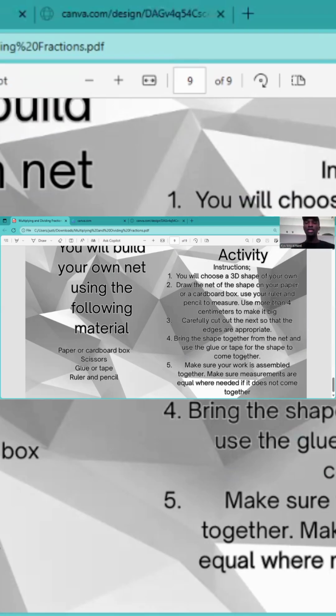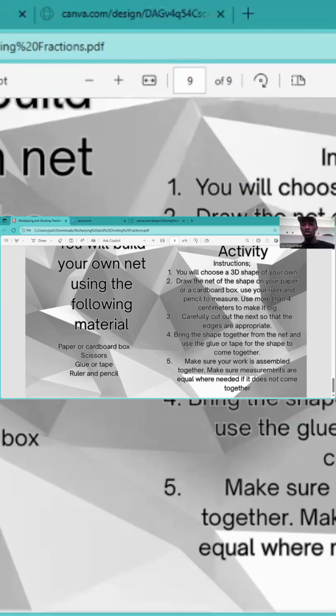Make sure that when you actually assemble the shape, you use your glue or tape so that they can be assembled together. Make sure your work is assembled together. And one more thing, make sure the measurements are equal or correct, especially if you are going to do a cube, so that you know if it does not come together.